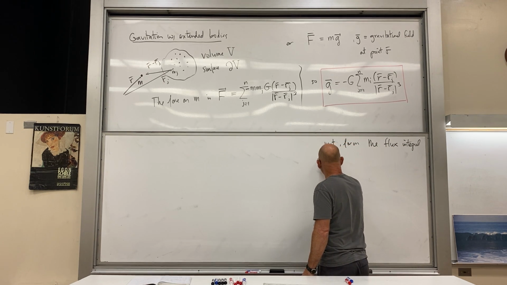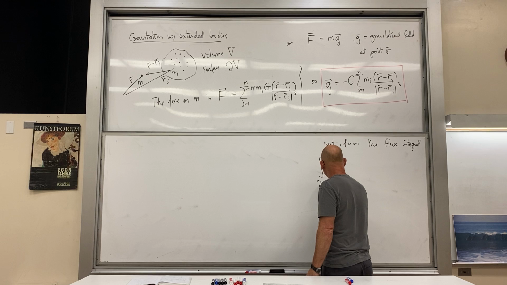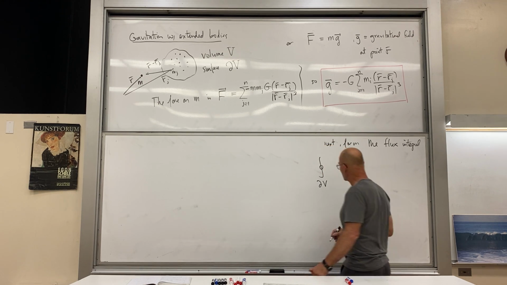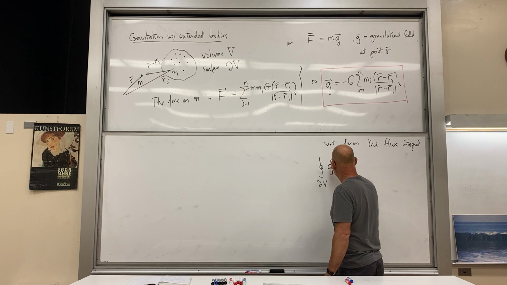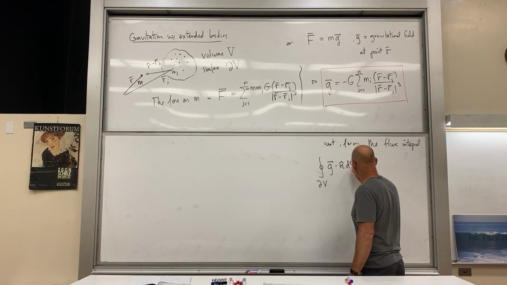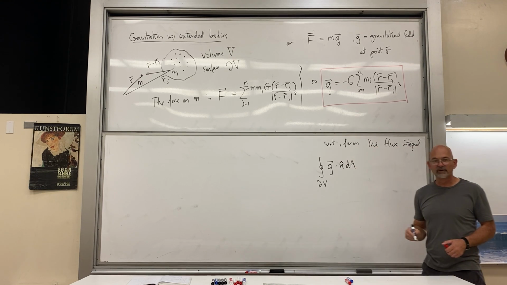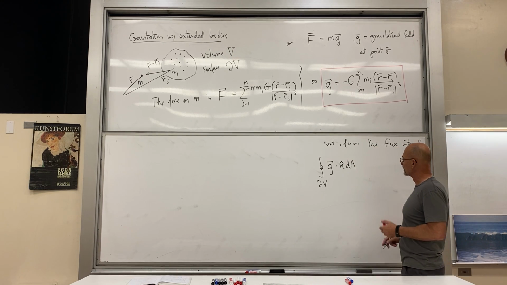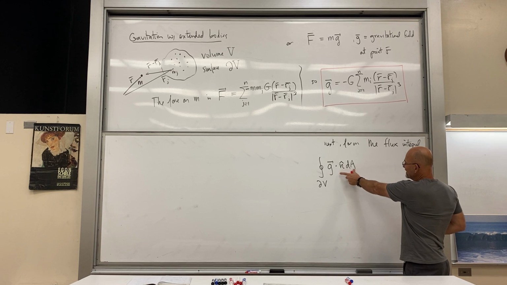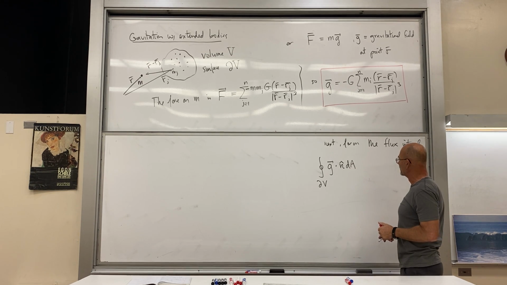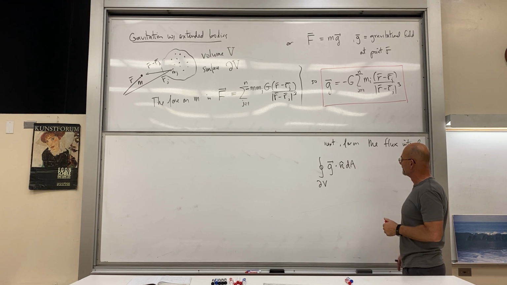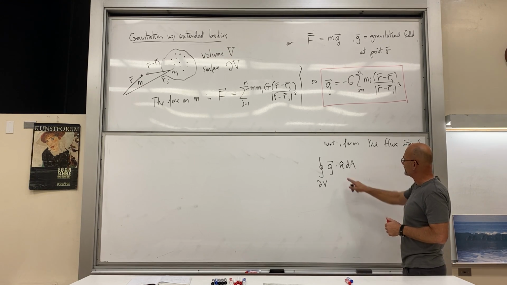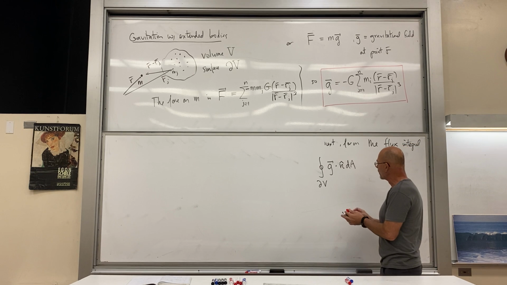Let's say we had this integral over the boundary of the volume, a closed integral, of G dot n hat dA, where n hat is the surface normal and dA is the infinitesimal surface element. So n hat dA would be the directed surface element. That's the outer surface normal.